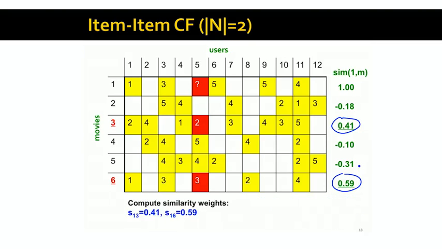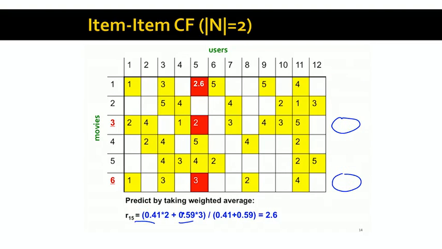Once we do that, the similarity values are in this case 0.41 and 0.59, and we're just going to use a weighted average estimate to predict the rating for movie 1 and user 5.